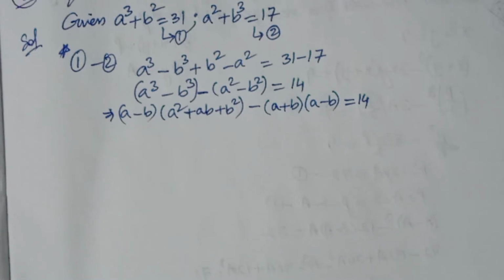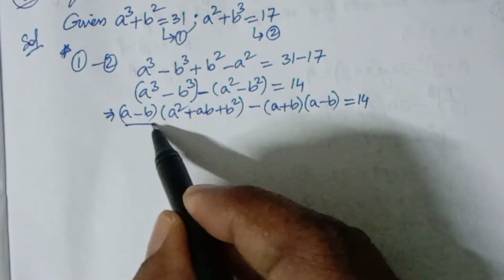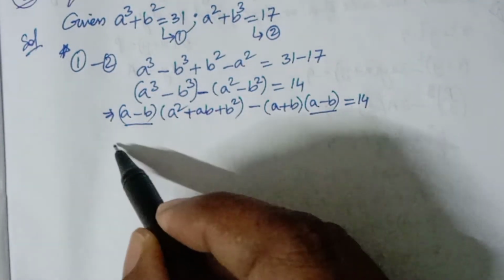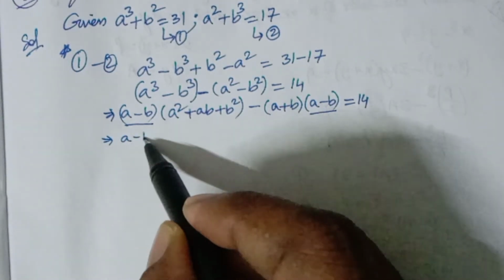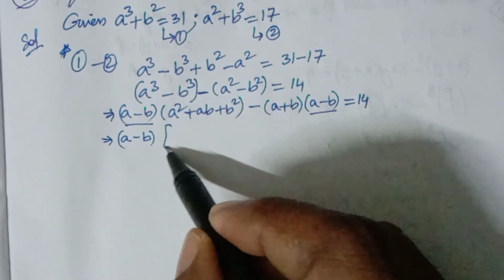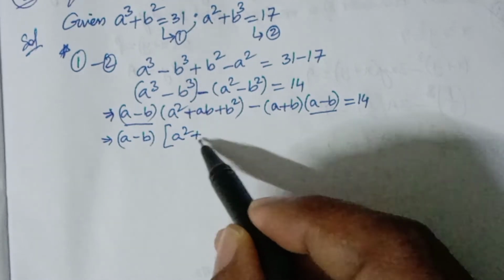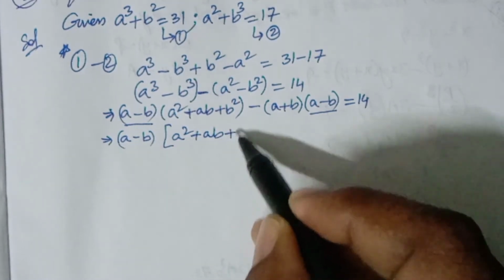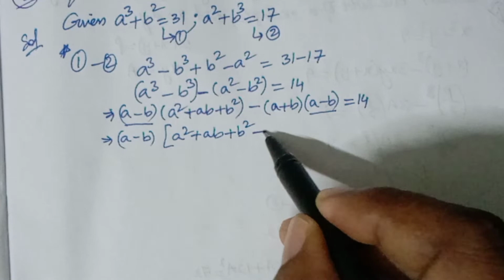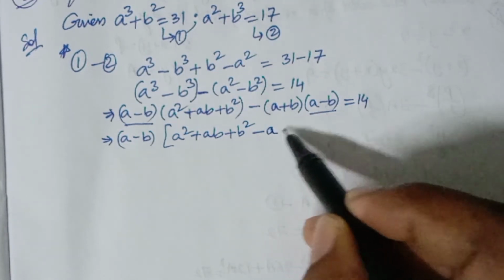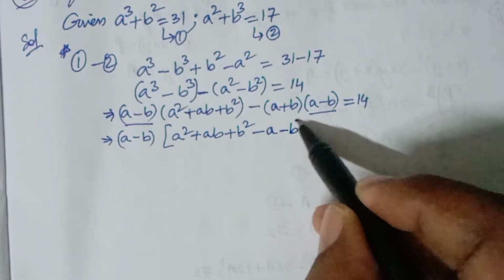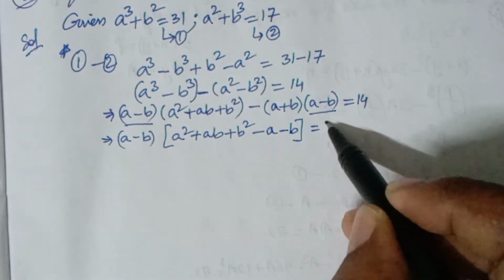So here you can take a minus b common. If you take a minus b common, what will we get here: a square plus ab plus b square, directly I am writing minus a minus b, is equal to 14.